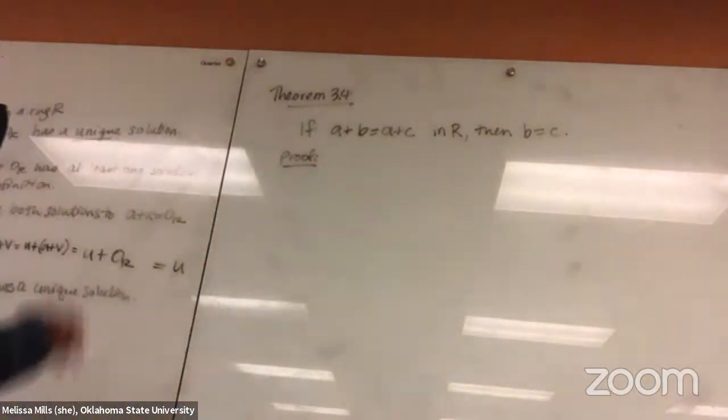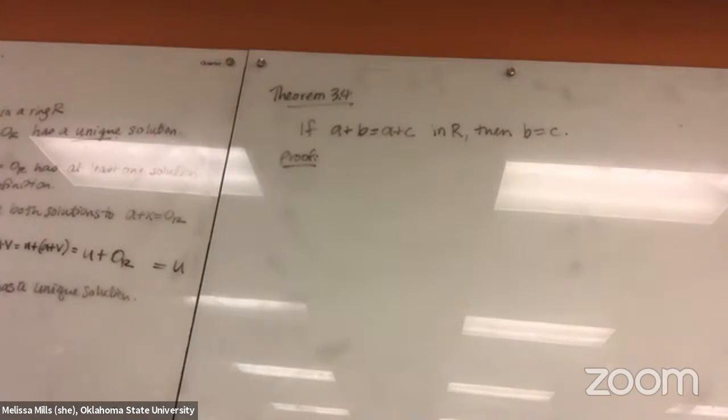Okay. So how do we prove this? Well, what would you do if this were just numbers? Move A or subtract A from both sides, right? Can we subtract A from both sides in a ring? Do we know that there is an element, negative A, in that ring?